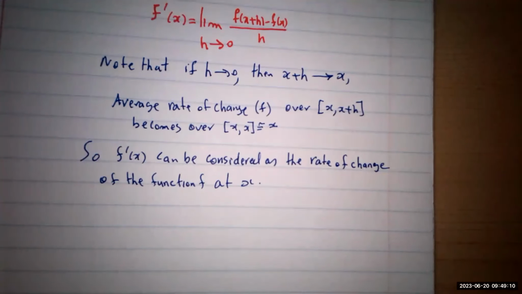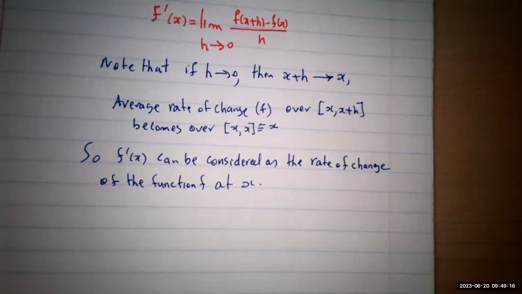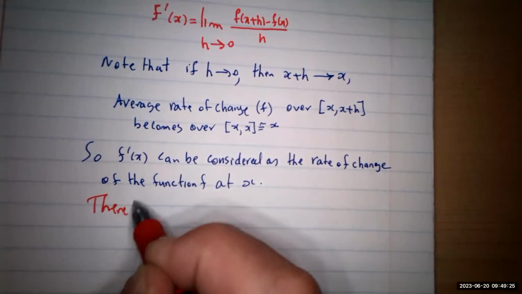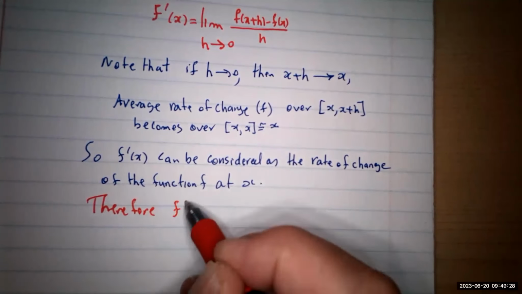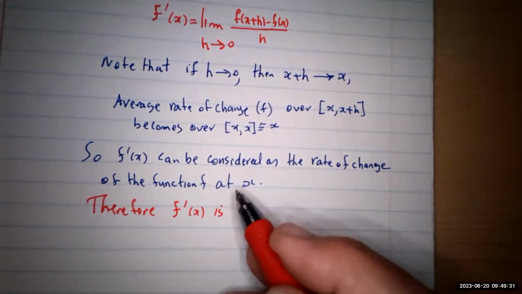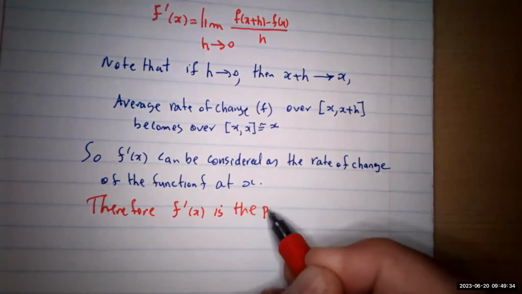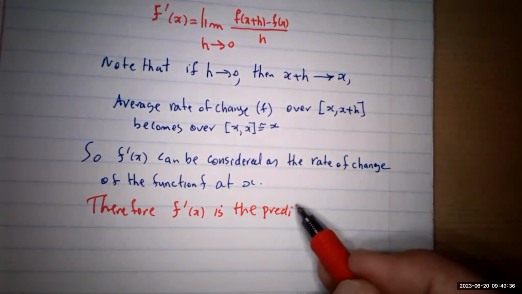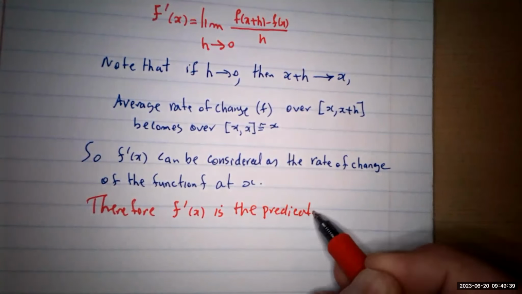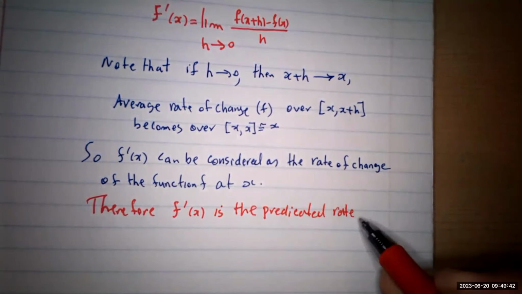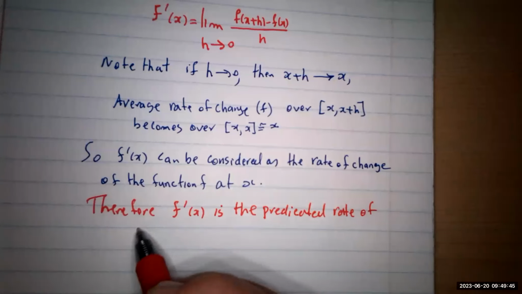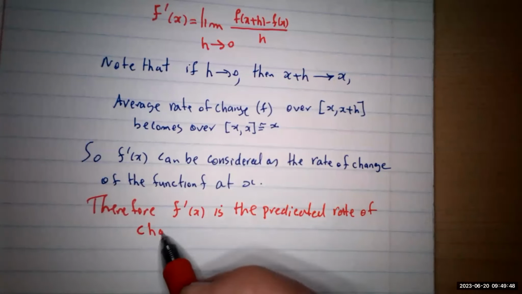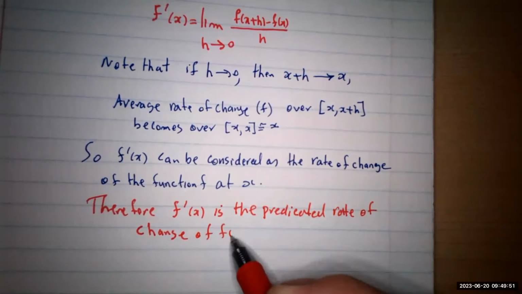It's a very nice interpretation of the derivative. In fact, I usually don't call this just the rate of change; I call it the predicted rate of change. Therefore, f prime of x is the predicted rate of change of f of x.